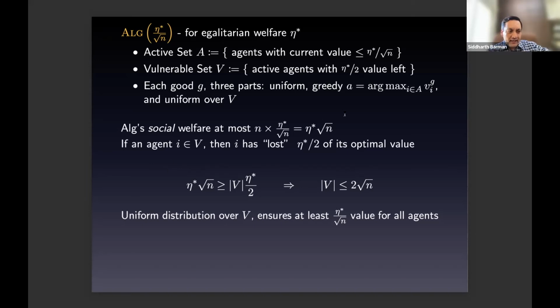You're completely assigning to this agent A. But the choice of A ensures that VA of G is more than VI of G. I is vulnerable, so she is active, which means that I picked agent A instead of I, means that the value that A had for that fixed good G was more than I's value.